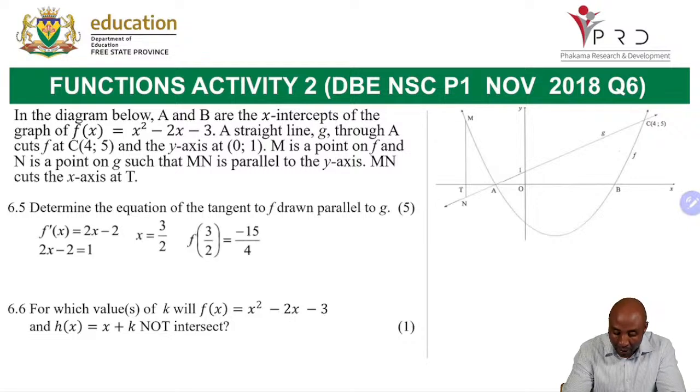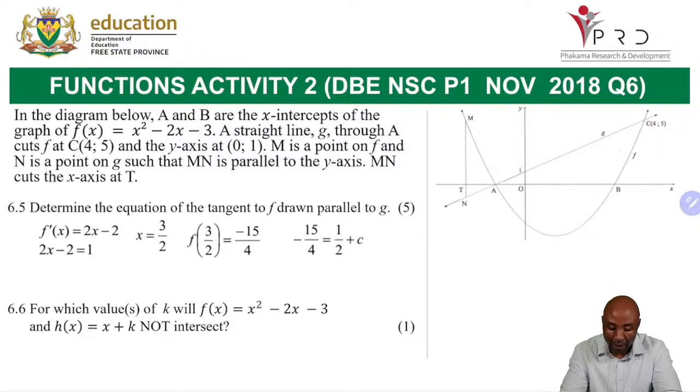So from there on, we are able to find our function. When our x is 3 over 2, we substitute it into the original function, which is f of x. We evaluate f of 3 over 2. Where there's x, we substitute with 3 over 2, and this will give our y value as negative 15 over 4.